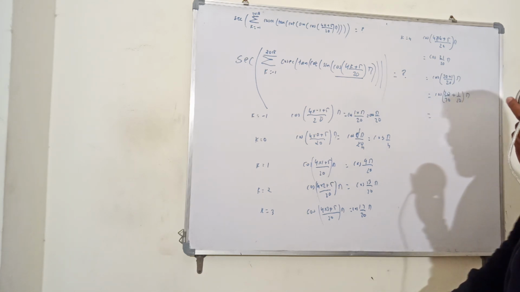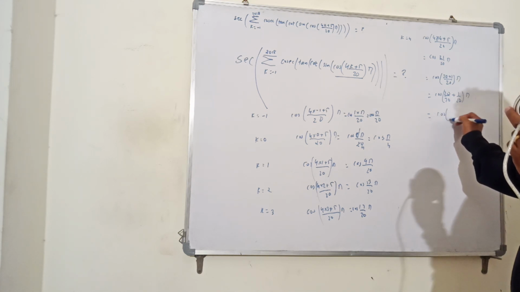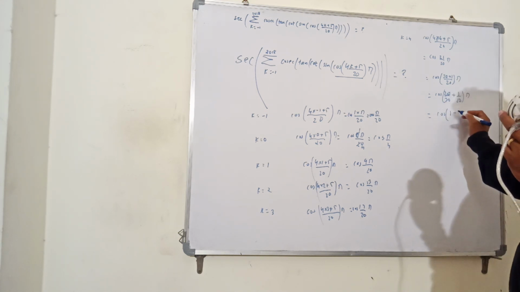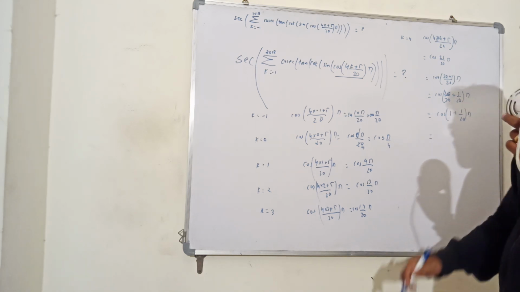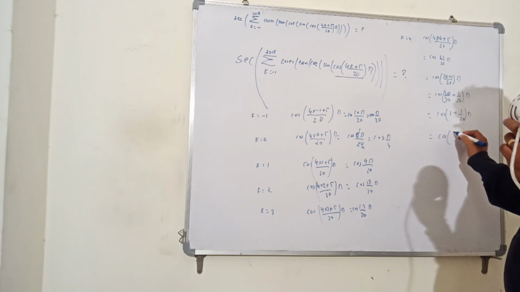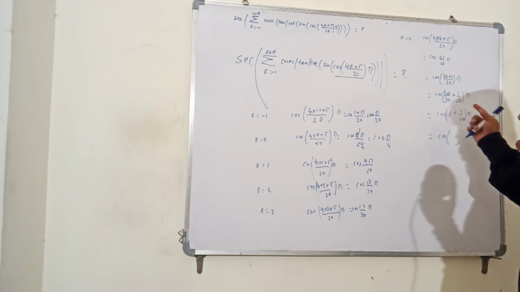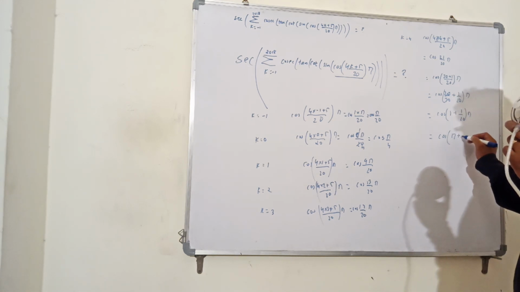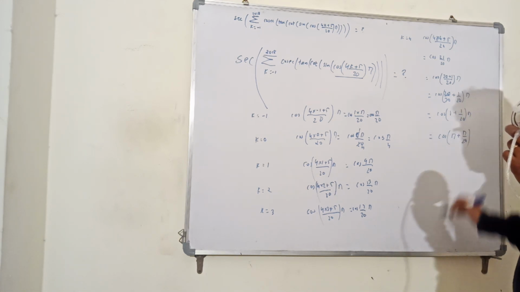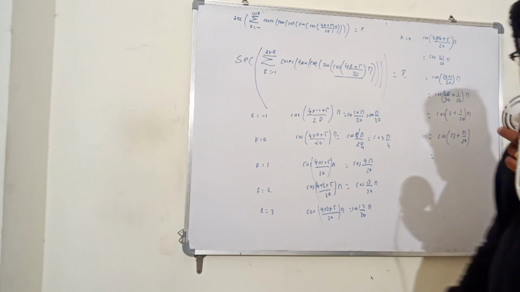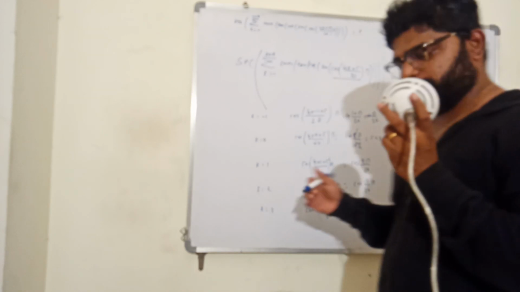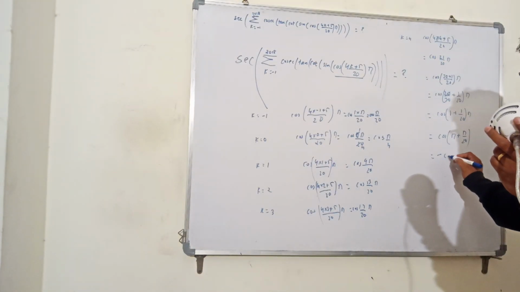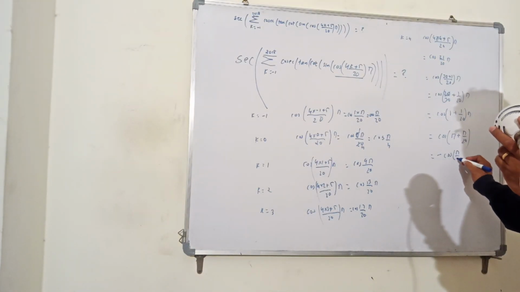The 20 over 20 is 1, so cos of 1 plus 1 upon 20 into pi. Multiplying pi inside the bracket, it is going to be cos of pi plus pi upon 20. So what is cos of pi plus theta? Cos of pi plus theta is equal to negative cos of theta, so this is negative cos of pi over 20.